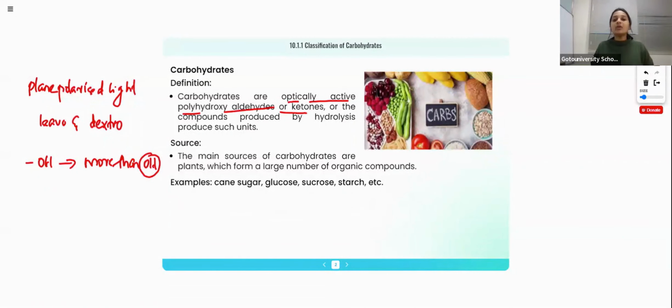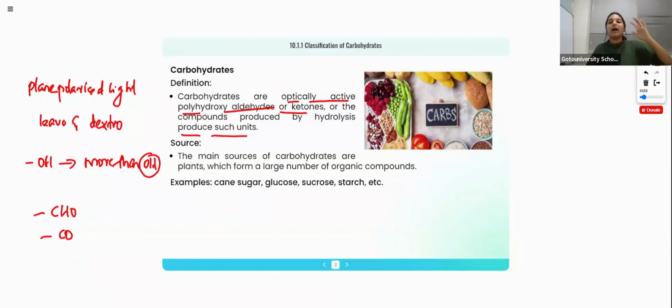Then aldehydes or ketones. Not only the OH group, the carbohydrates contain hydroxyl group, aldehyde group and keto group. Or keto group means sometimes it may be aldehyde, sometimes it may be keto group, meaning CHO group or CO group. Then compounds produced by hydrolysis produce such units.